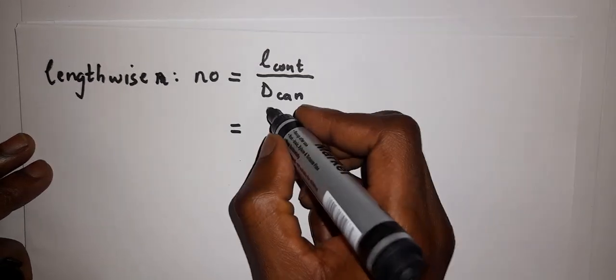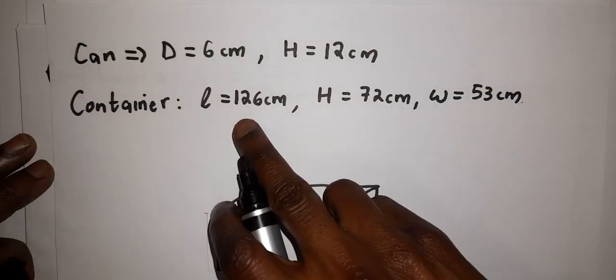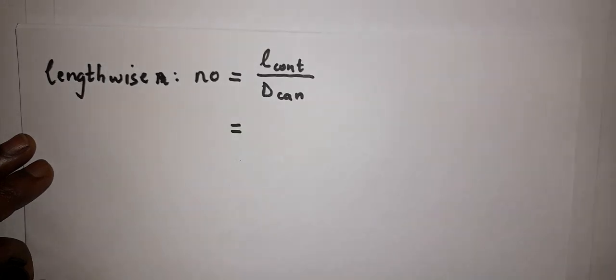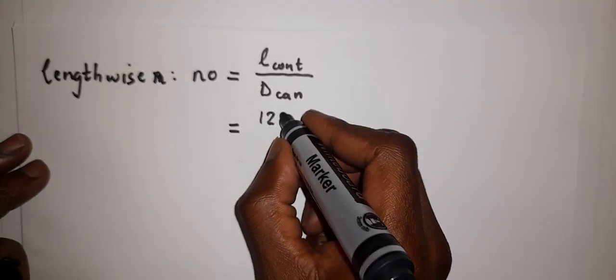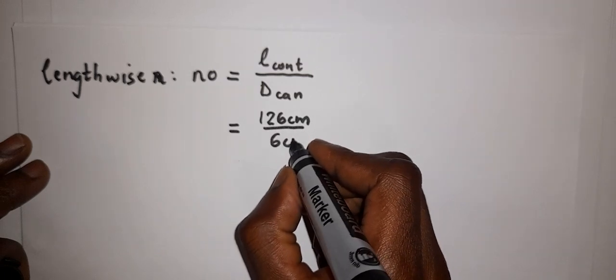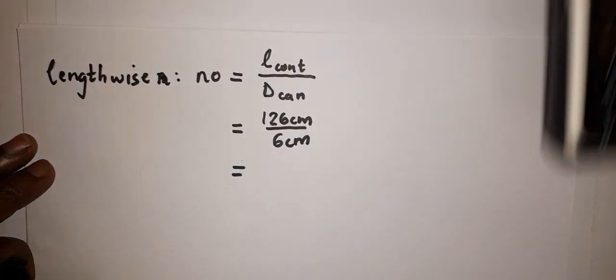From the information, the length of the container is 126 and the diameter is 6 centimeters. So we'll have 126 centimeters divided by 6 centimeters. Right, a quick calculation.